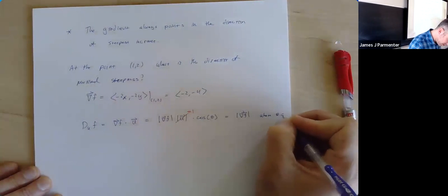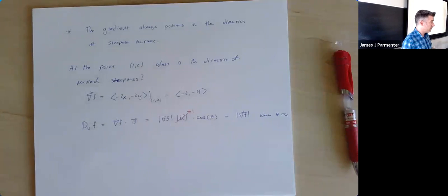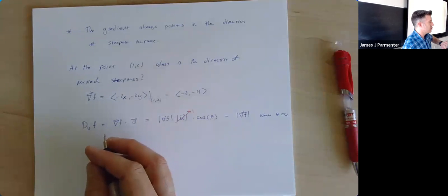when theta equals 0. So we actually learned two things from this. Thing one, the direction of the gradient actually is the direction of maximal steepness. And thing two, the magnitude of the gradient is that maximal steepness.